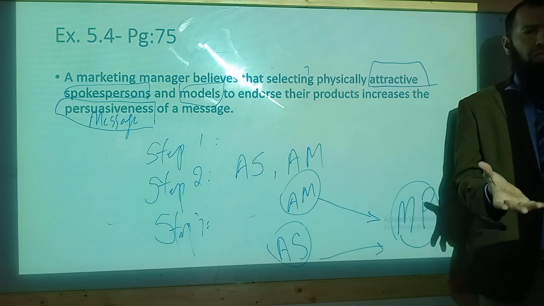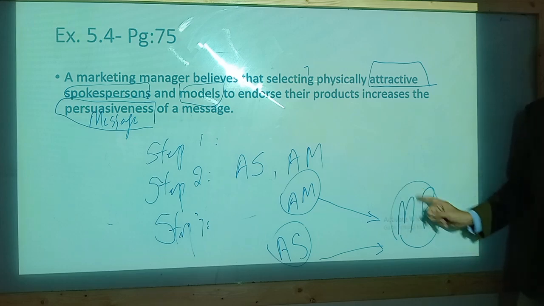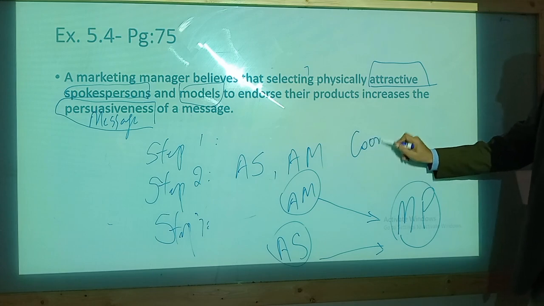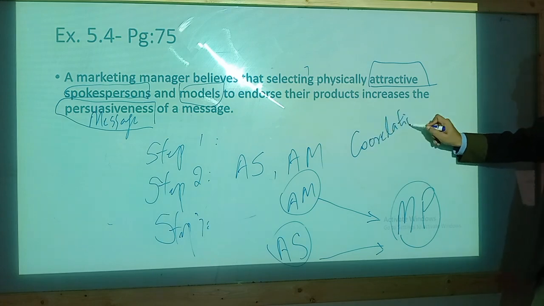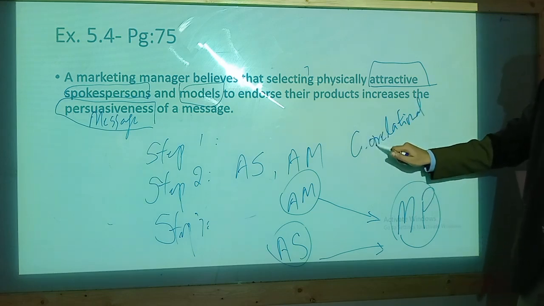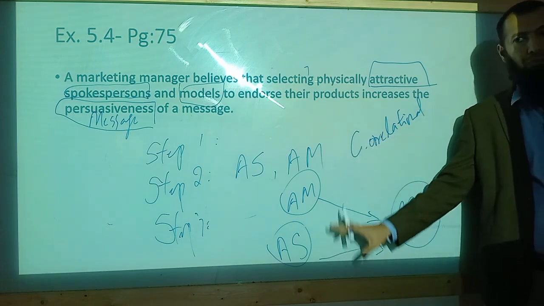But in the correlational study, we have many factors. So this is the example of the correlational study. Everyone look at here. Correlational study. So you see, in the correlational study, we have more than one independent variable.